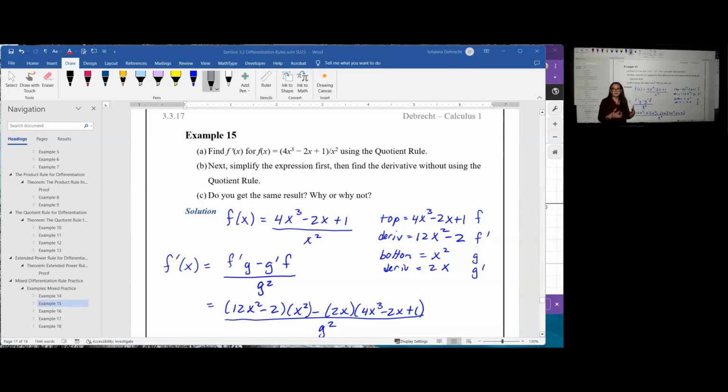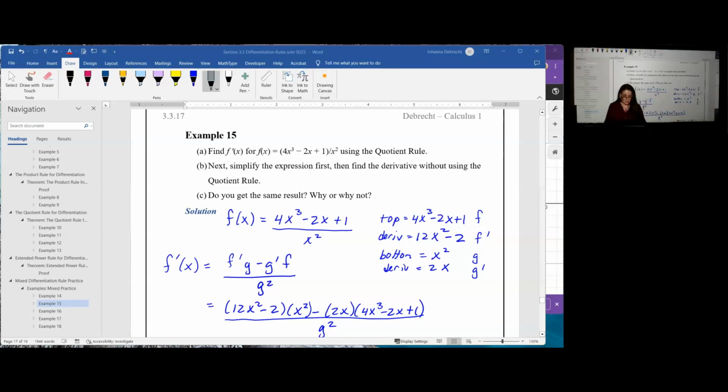However, as long as you can keep straight in your mind which f you're talking about, and they're not the same, it's okay with me if you rewrite the derivative using the quotient rule as f prime g minus g prime f divided by g squared, where this f is the numerator function for x cubed minus 2x plus 1. It has a derivative of 12x squared minus 2. And the denominator function x squared, which we wrote as g, has a derivative of 2x.